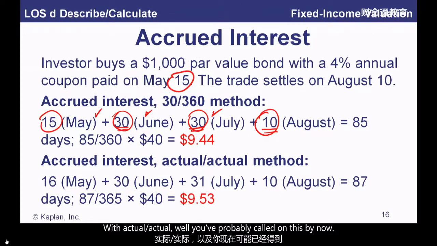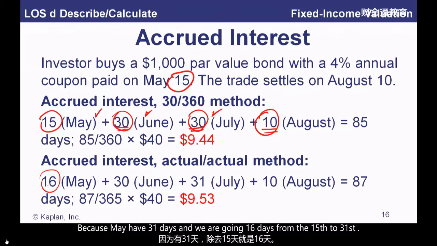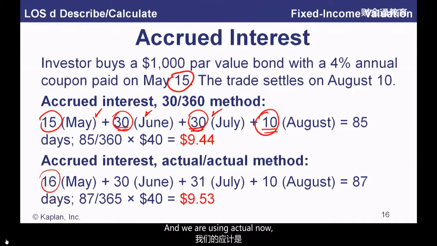With actual, well, you've probably caught on to this by now. We have 16 days in May. Why? Because May has 31 days, and we're going 16 days from the 15th to the 31st. We're using actual now.